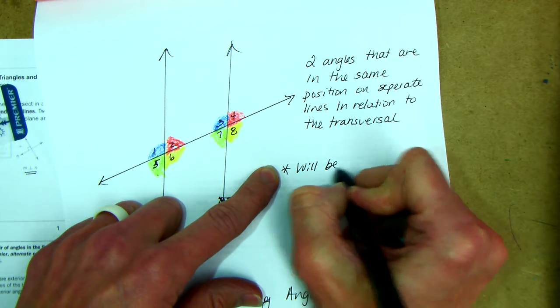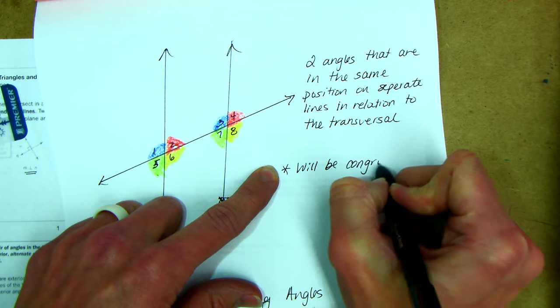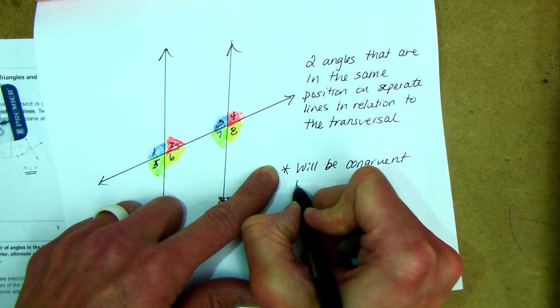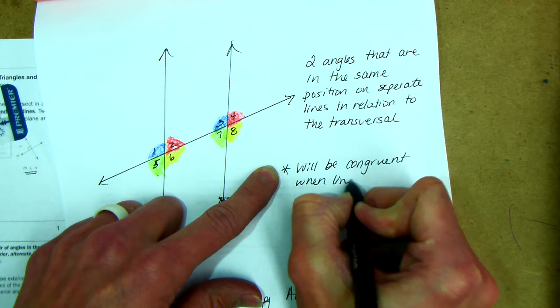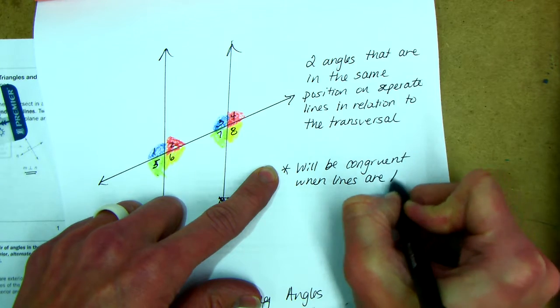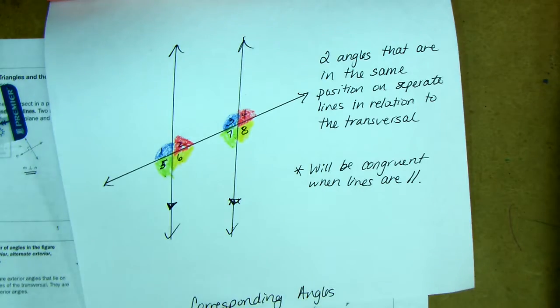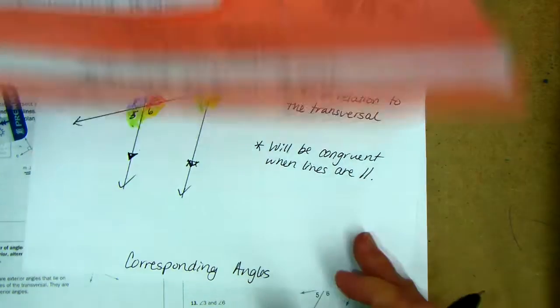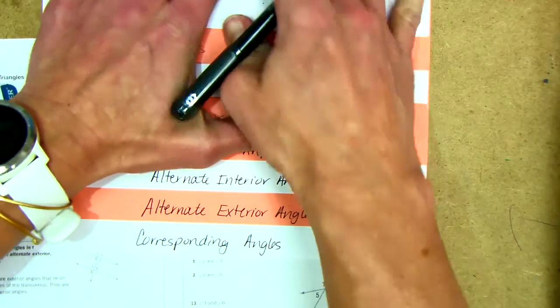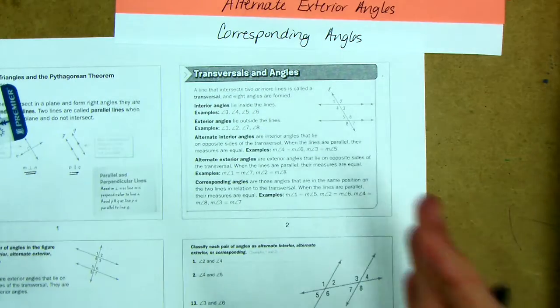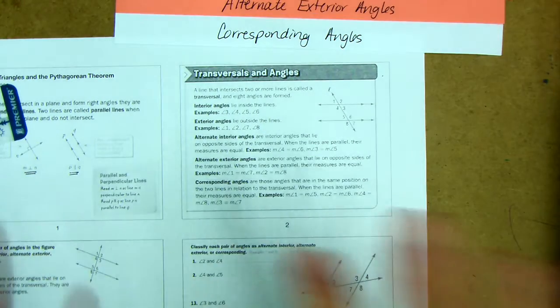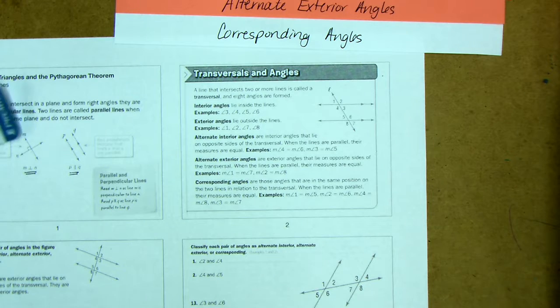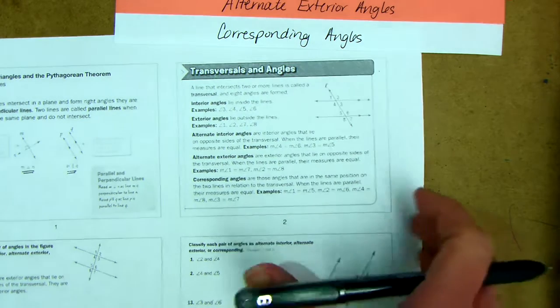They will be congruent when lines are parallel. That is a super important thing. So you can keep this and you can always look back on these, and they're really easy. Hopefully that little color coding helps you. All right, and you can take a moment or two some other time and transfer those onto your note or your vocab sheet if you want.